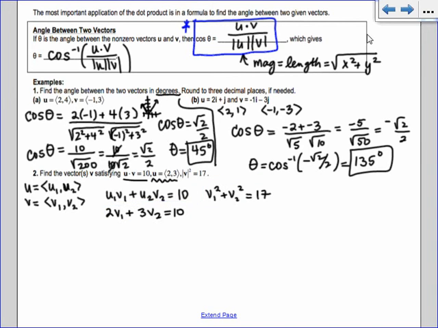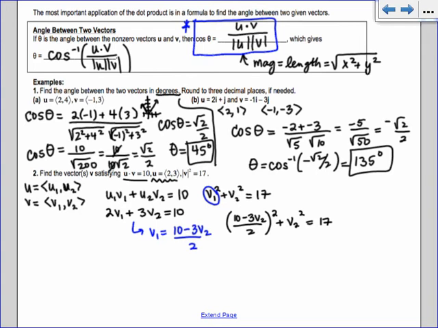So what I'm going to do is solve one of the equations for either v1 or v2. Let's say I solve this first equation for v1. When I do that, I'm going to have 10 minus 3v2 divided by 2. And now I'm going to substitute it in for this v1. Okay, so it's going to get momentarily a bit messy. So I'm going to have 10 minus 3v2 over 2, everything squared, plus v2 squared equals 17. And I'm going to FOIL it out.